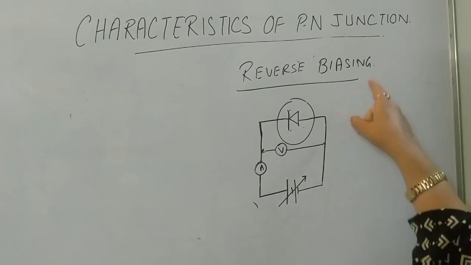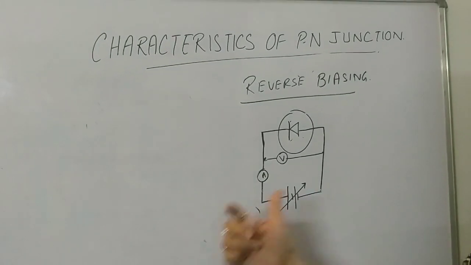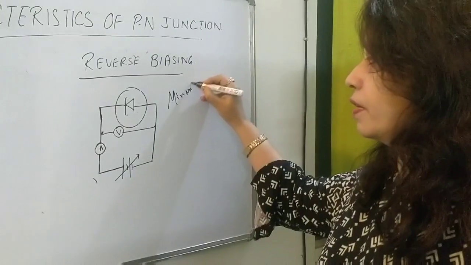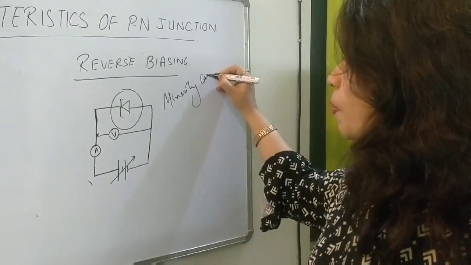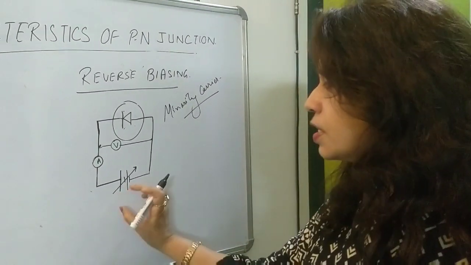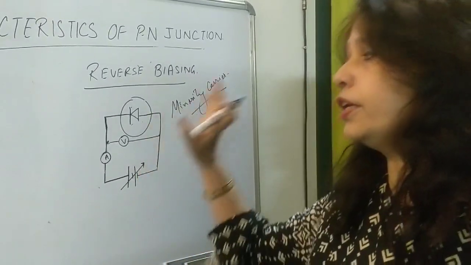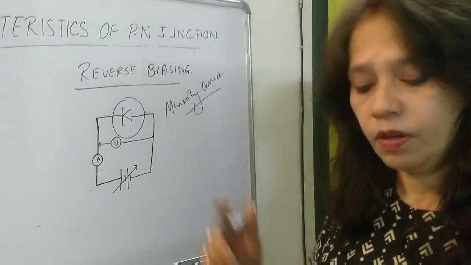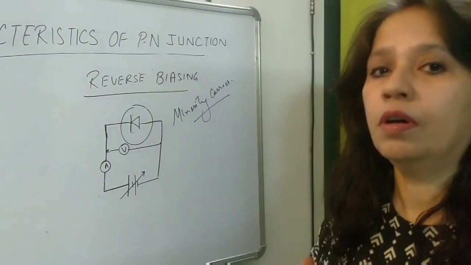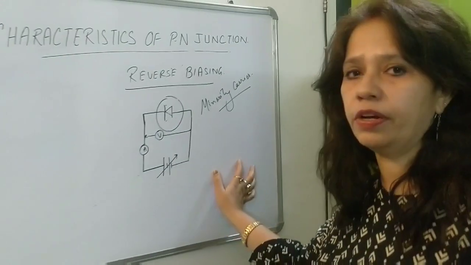We know that in reverse biasing, the current is due to minority carriers. As soon as we start supplying the voltage over here, the current also starts flowing. The reason is that there are minority carriers which are able to diffuse across the depletion layer.